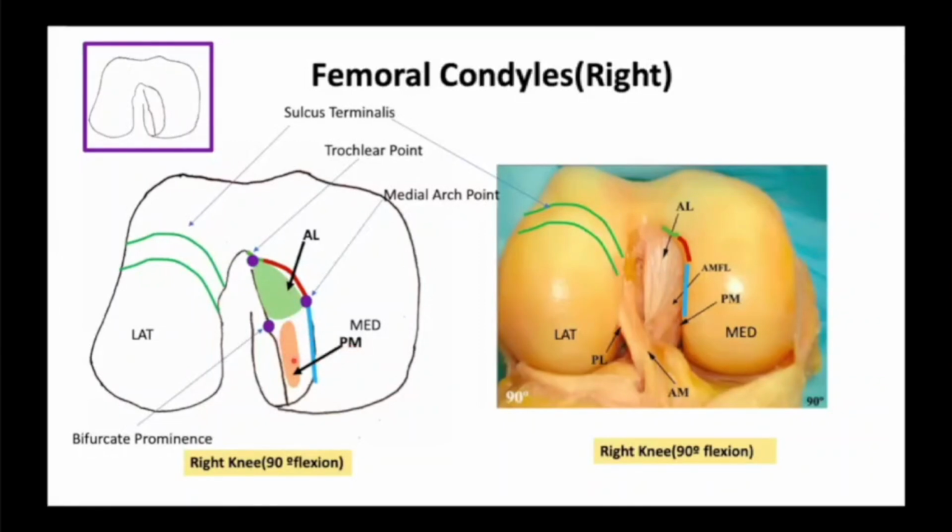This is smaller as shown in the figure itself. And anterior to the posteromedial bundle is anterior meniscofemoral ligament, also called ligament of Humphrey, and posteriorly is posterior meniscofemoral ligament, also called ligament of Wrisberg.